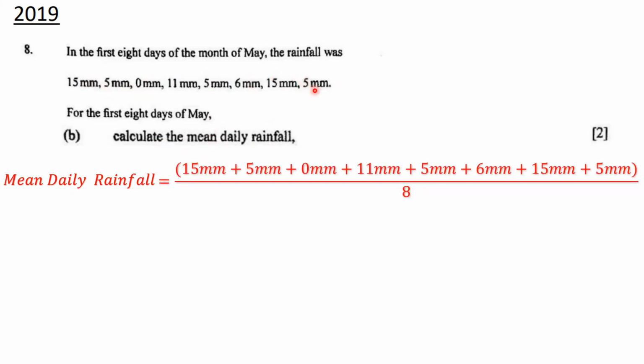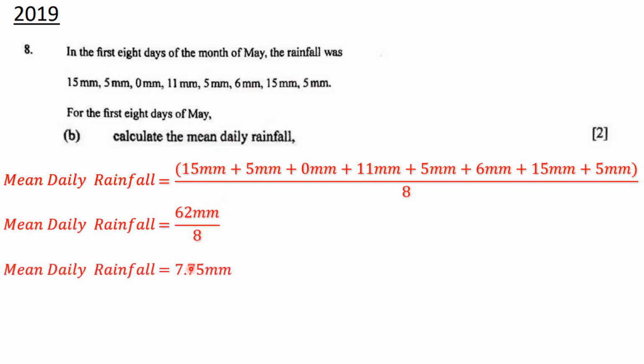So it's going to be 15 millimeters, 5 millimeters, 0 millimeters, 11 millimeters, 5 millimeters, 6 millimeters, 15 millimeters, and 5. We're going to add all of them up. So we're going to find the sum of all these measurements of rainfall divided by the number of days that we have. And so when we add them up, we get 62 millimeters divided by 8 is going to be 7.75 millimeters. And that's the mean daily rainfall.